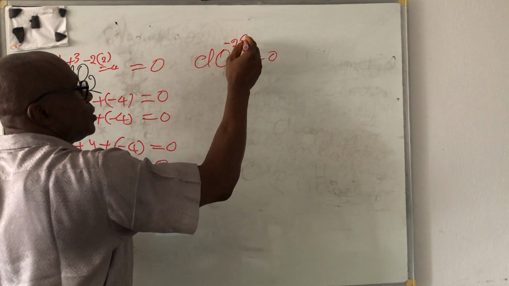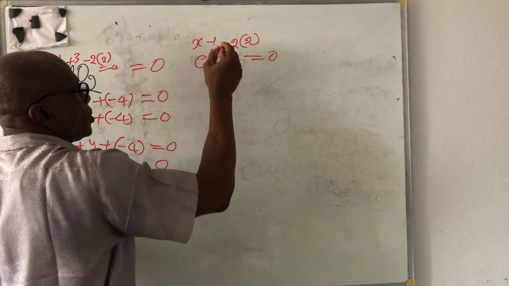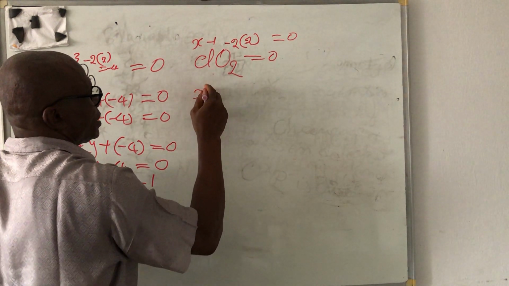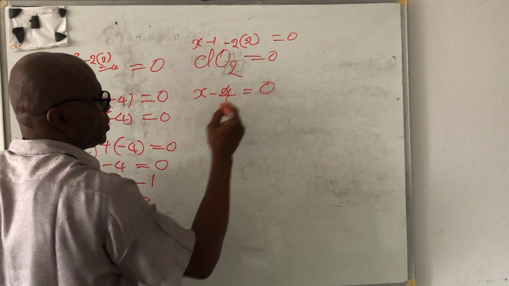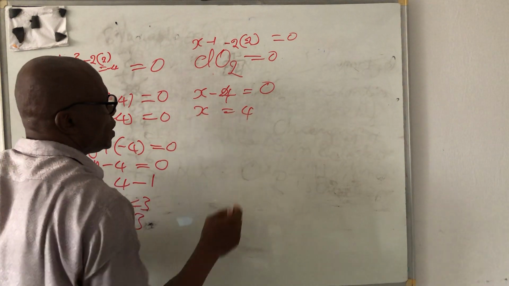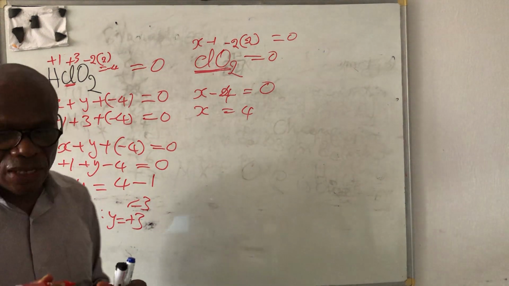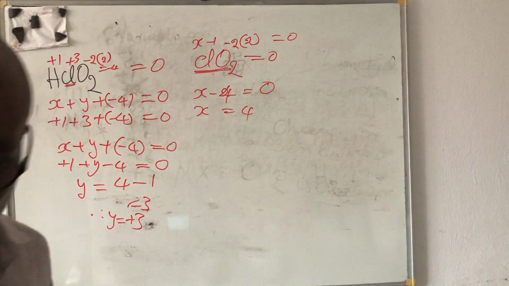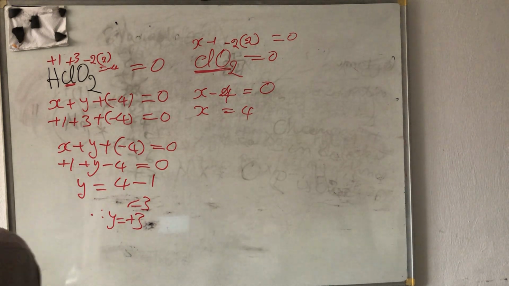Minus 2 into 2, so x plus minus 2 into 2 equals 0. X minus 4 equals 0, so x equals 4. Therefore, in this compound, the halogen presents as a plus 4 species.